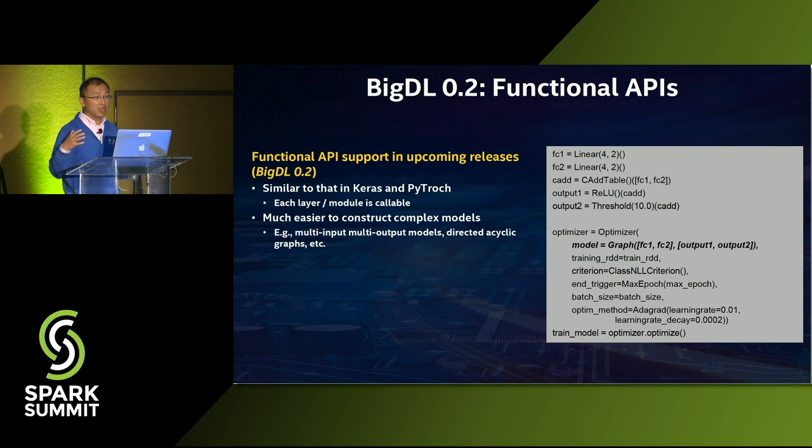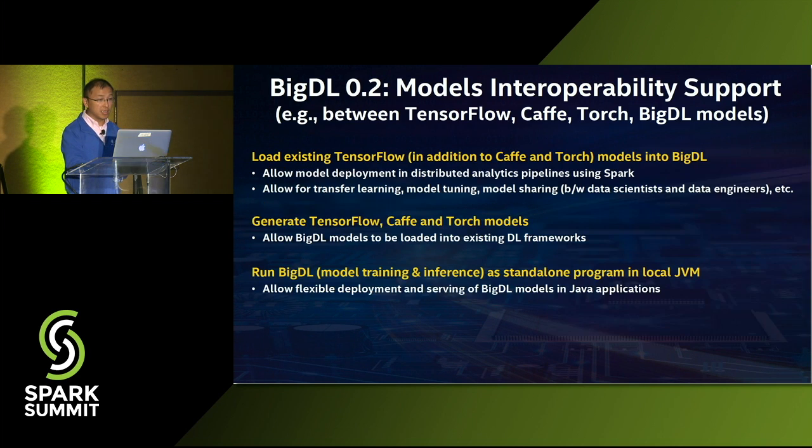You can use the functional API to easily construct a graph using those different layers or modules, and it's much easier to construct complex models using those functional APIs. For instance, if you have multi-input, multi-output models and so on, it's much easier to do that with functional APIs. And we are adding that support in our BigDL 0.2 release.